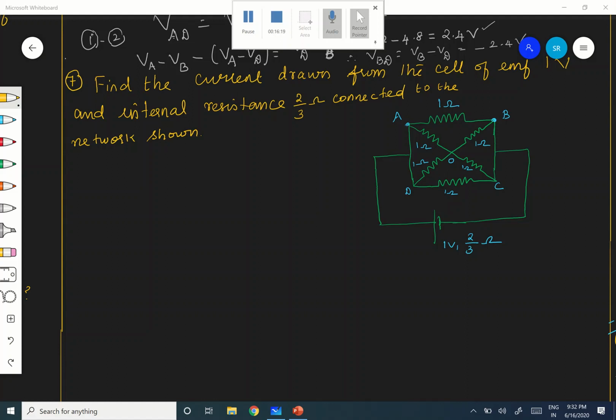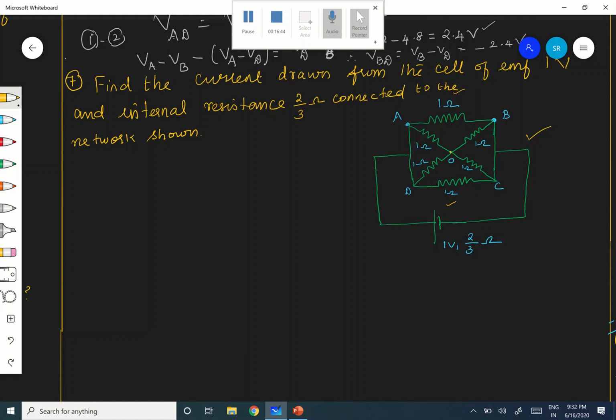See here the network is given: 1 ohm, 1 ohm, 1 ohm, and across the diagonal AC there is 1 ohm, and across the points D and B there is 1 ohm, and both are connected here.